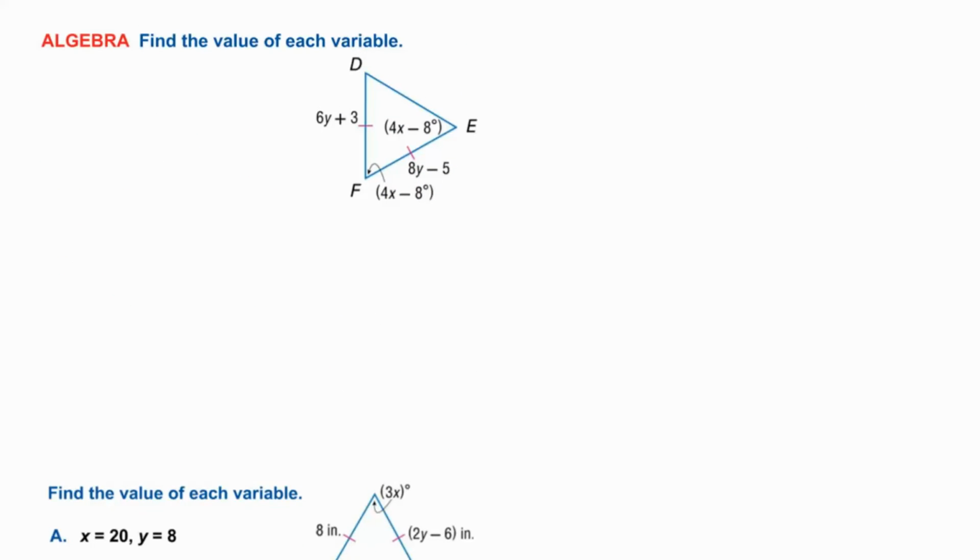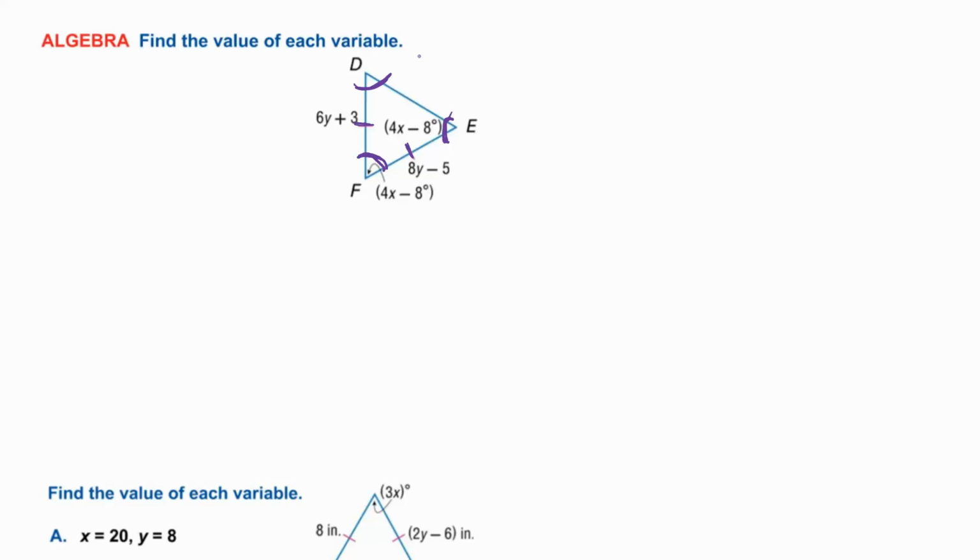We're asked to find the value of each variable. And we are told that DF is congruent to EF. And that these angles right here are congruent to each other, which would imply, since this is congruent to this, this also has to be congruent, which makes it an equilateral triangle.